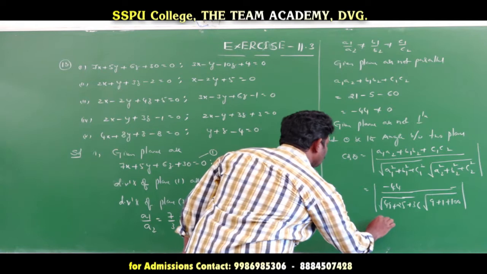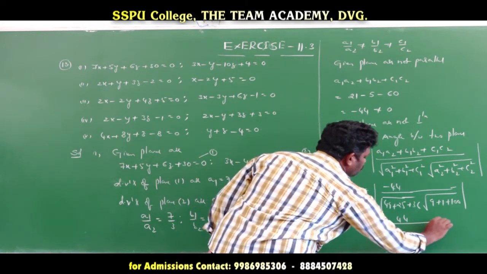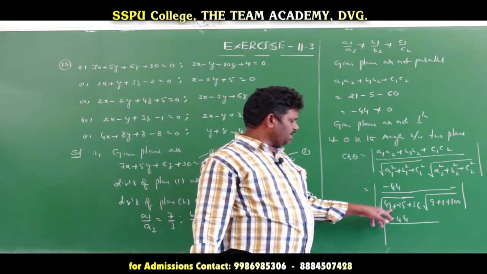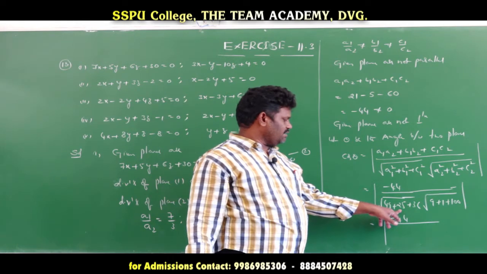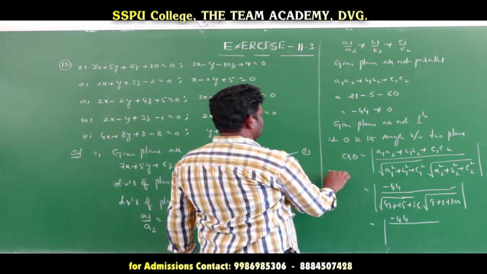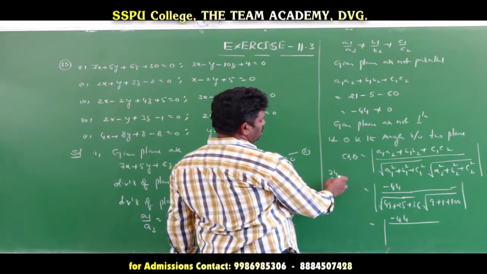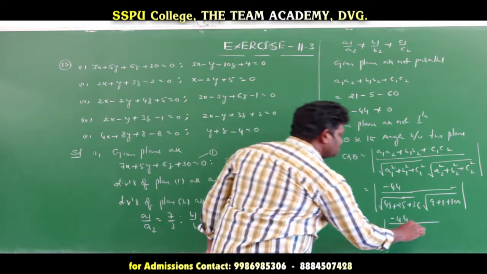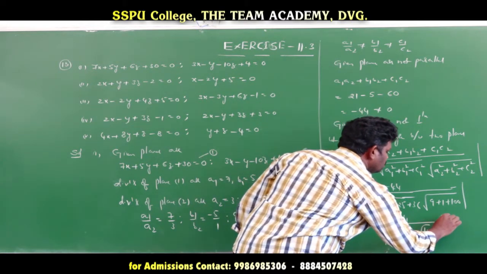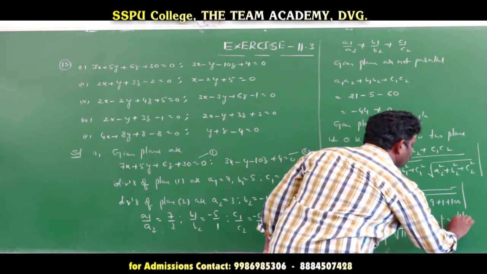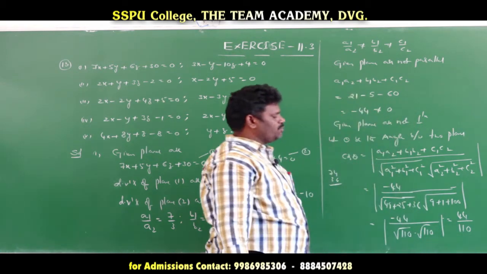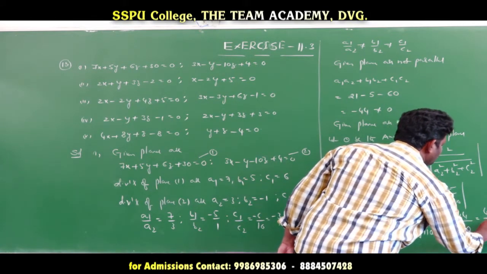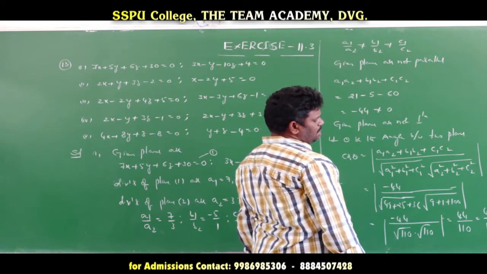So that is equal to 44 over, 49 plus 1 is 50, plus 24 is 74, 74 plus 36 is 110, so root 110, and similarly this value is also root 110. Finally we have 44 by 110. Which table is possible? The 11 table. So 11 fours are 44, 11 tens are 110.